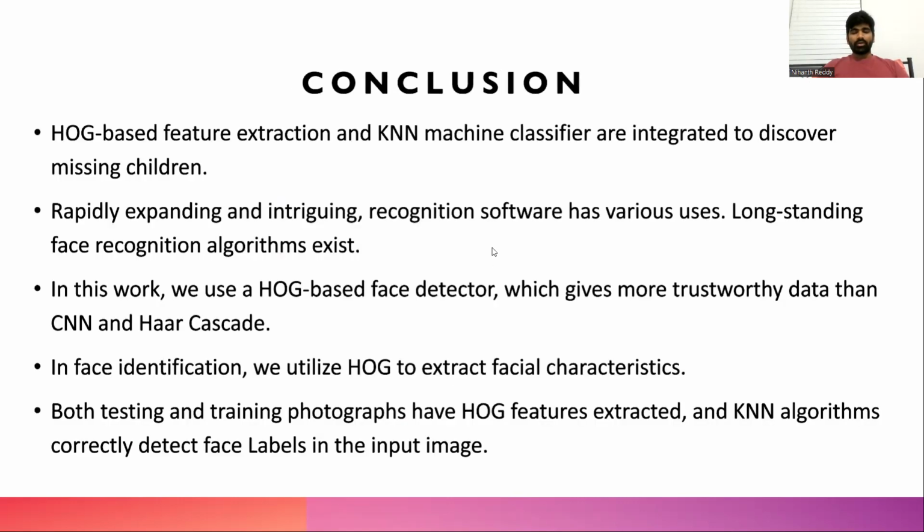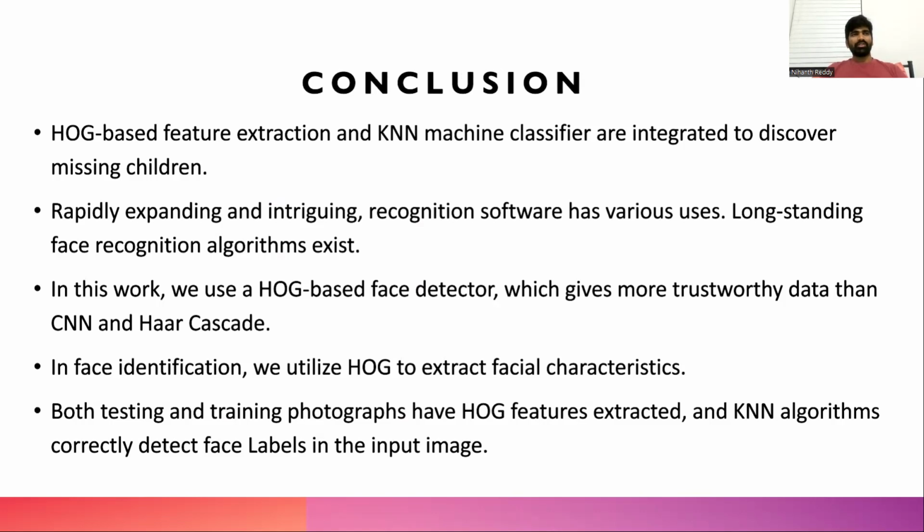So to conclude, as I was already saying, we did not compromise on the facial recognition algorithm itself. The facial descriptor, which is HOG, is smart enough to identify other objects apart from the human faces.